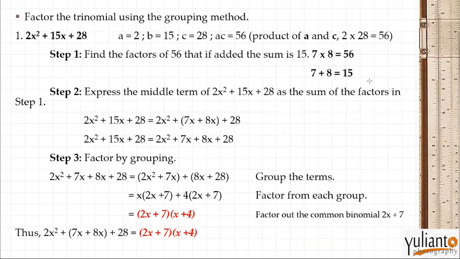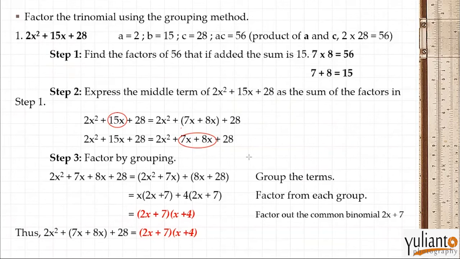From step 2, we replaced 15x with 7x plus 8x, because if we add those, the answer will still be 15. Since we are using the grouping method, it means we are going to group them either by 2 or by 3 or any number.